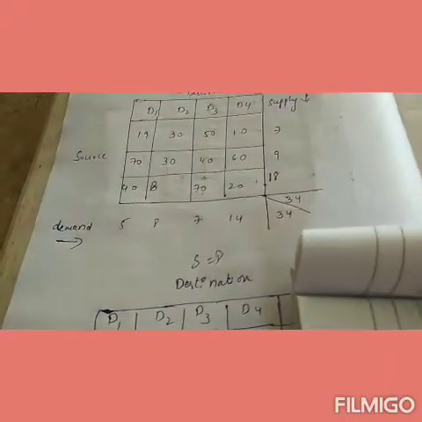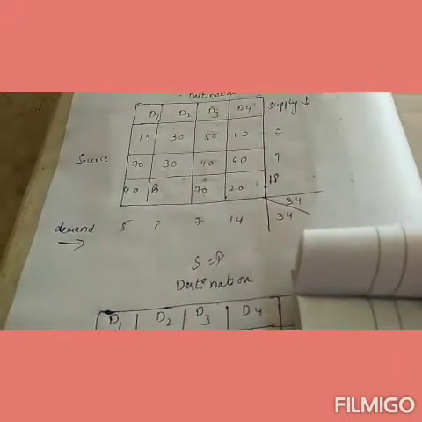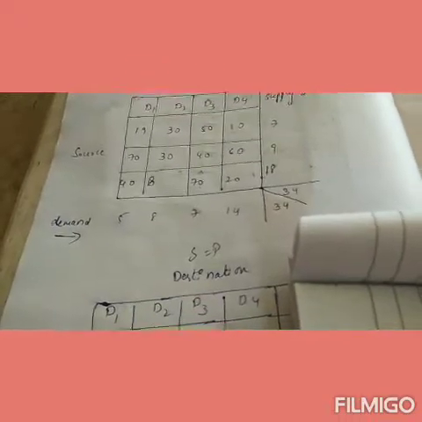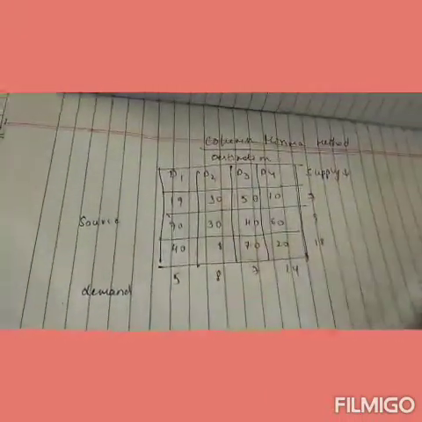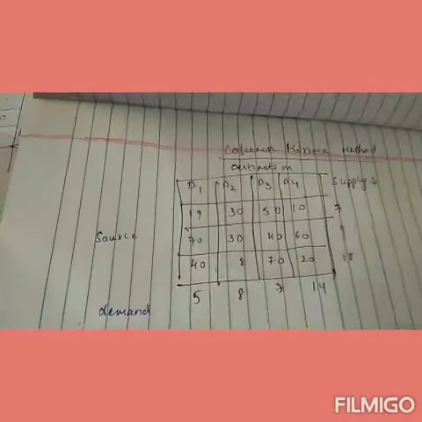Okay, 5, 8, 7, 14 are the demand. So first of all, this is our problem, using the column minima method.